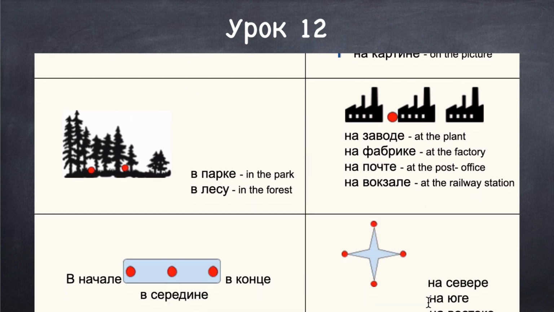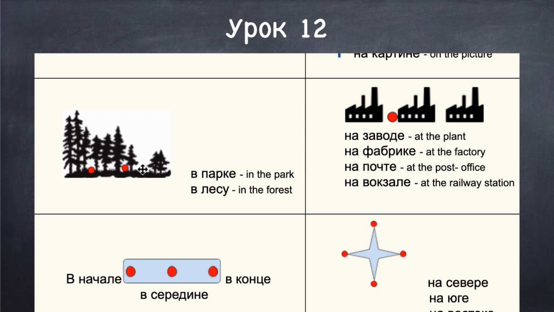Very good. Let's continue. В парке, in the park. В лесу, in the forest. Now, if you visualize yourself in the park or in the forest, you're within the boundaries of the park. Moreover, if the trees are tall, you're kind of surrounded by trees there.